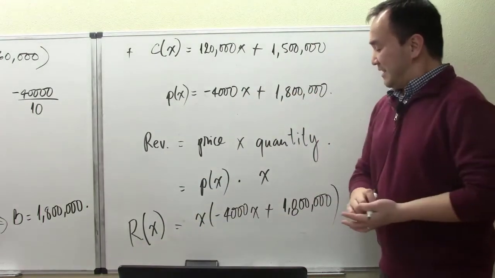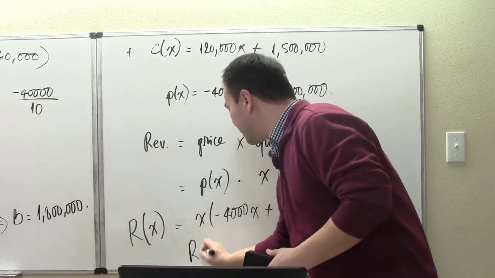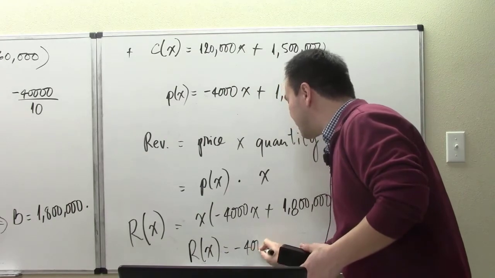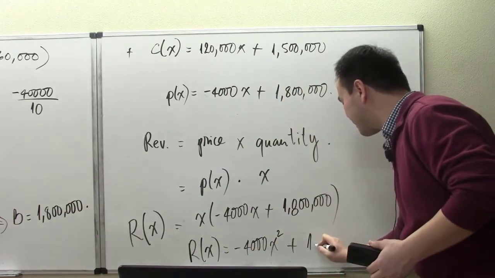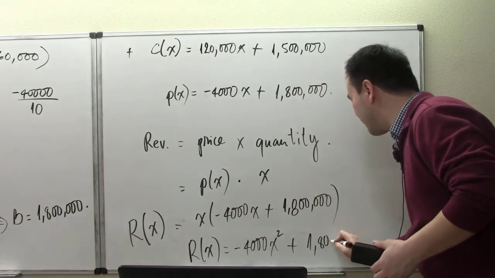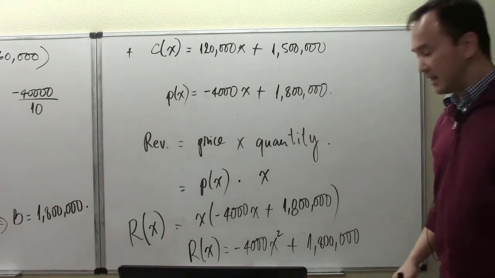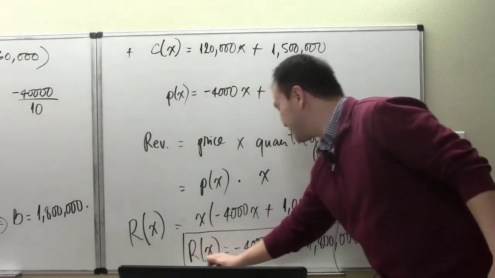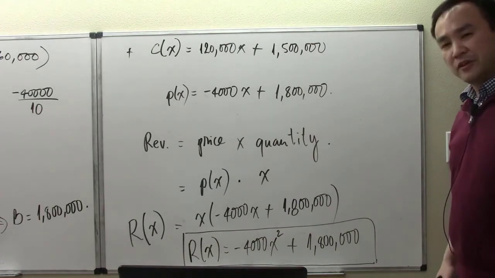So our final revenue function, R of x, is minus 4,000 x squared plus 1.8 million x. That is our successful revenue function.